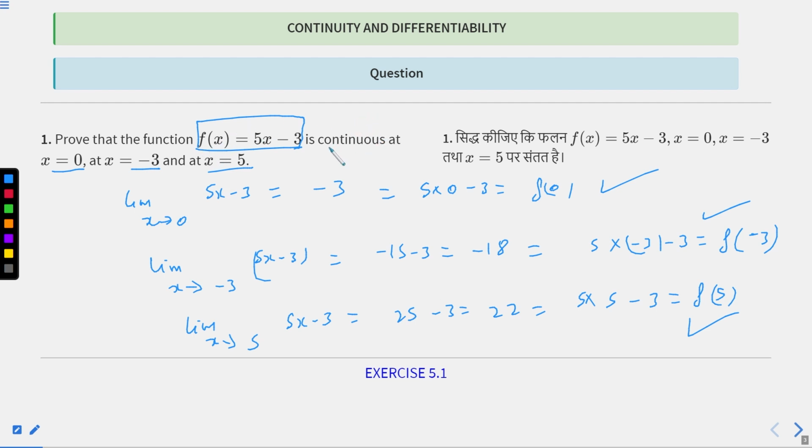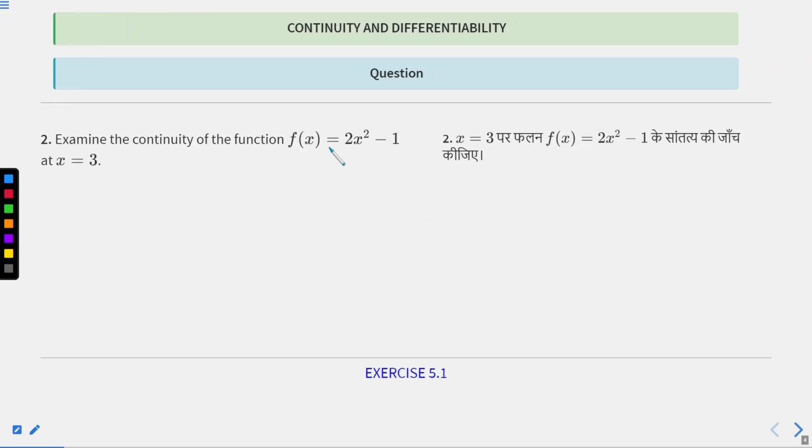Now let us move to the next question. The next question says examine the continuity of the function f(x) equals this at x equals 3. Very simple. So limit x tends to 3 of f of x, this will be x cube minus 1.